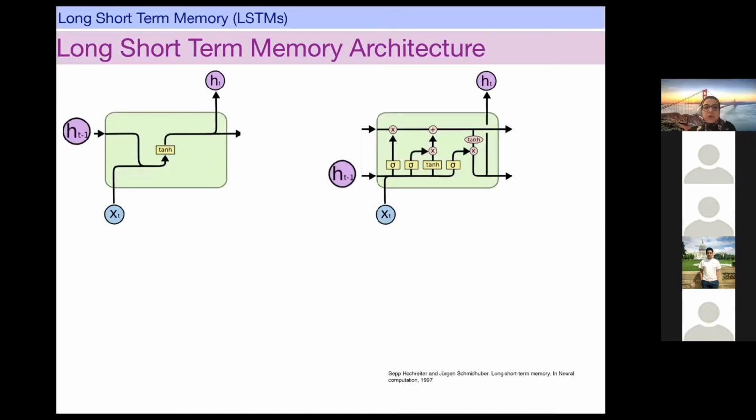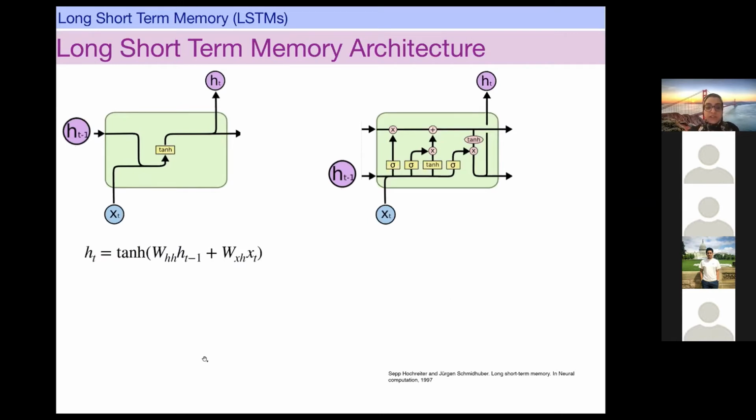Okay, so how is LSTM different from vanilla RNN? We used to have this really simple gate that just had the current input, previous hidden state, and tanh. Now we have this complicated cell with all these different gates.